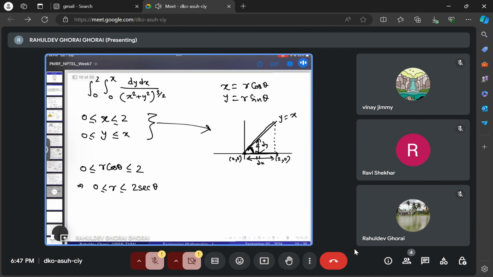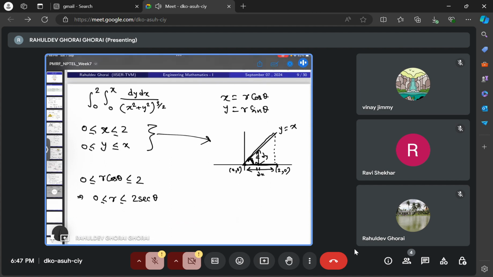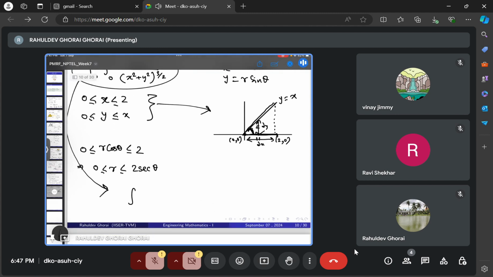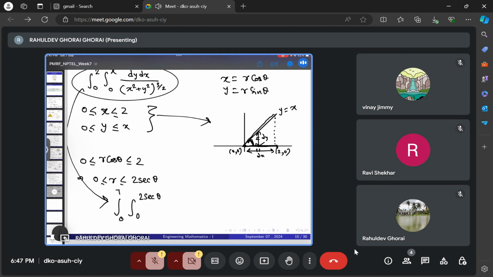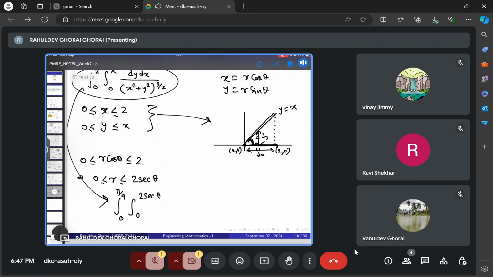So your integration becomes 0 to 2 sec theta, and theta will vary from 0 to pi over 4. The dy dx will transform to r dr d theta, and here it will be (r square cos square theta plus r square sin square theta) to the power 3 over 2, that is r cube.